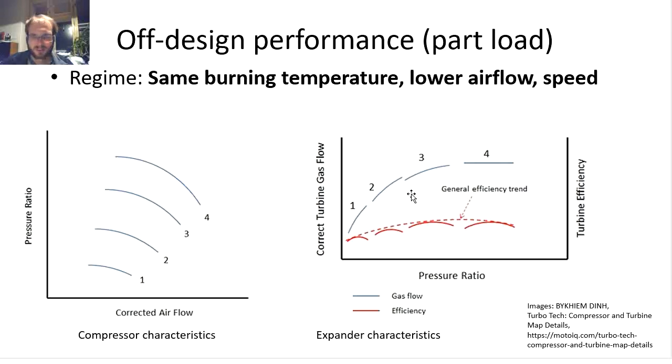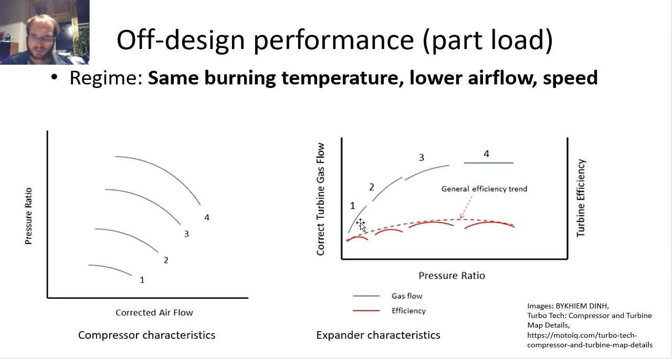Then on the right hand side we have the characteristics of the expander, where we can see that for different rotational speeds, the gas flow rate with respect to pressure ratio is not changing that significantly.